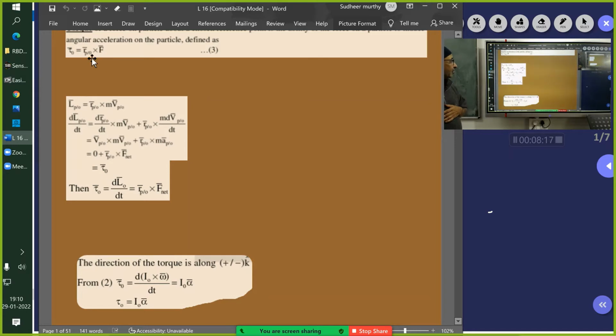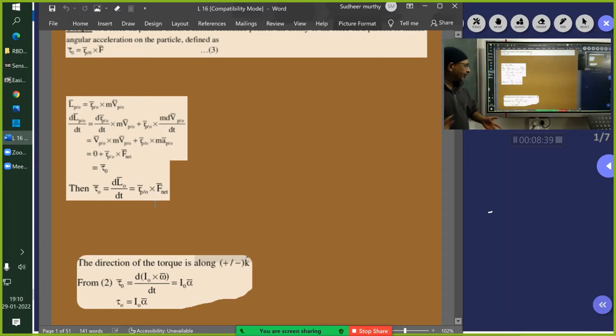You can compare this. Tau bar here contains R PO and F. Here, d by dt of L will contain the same two terms. So therefore the left hand side, dL bar by dt, is nothing but tau bar. So this is how tau bar gets related with L bar.